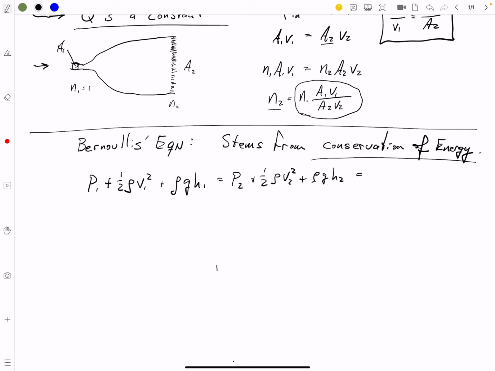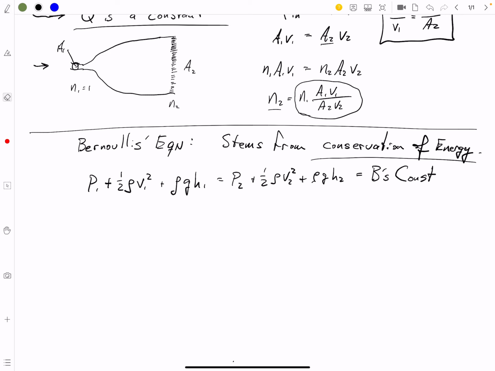That means this whole thing is equal to a constant for the situation. Okay, so there's not a number out there that all of these things equal to. The situation tells us what that will be, and that is Bernoulli's constant. Okay, so we can just write that. It's an energy per volume, but it doesn't matter. Energy per length or energy per whatever is still conservation of energy, right?